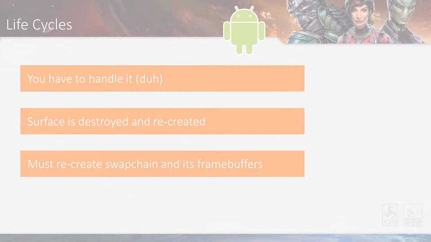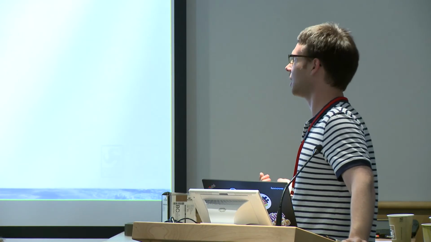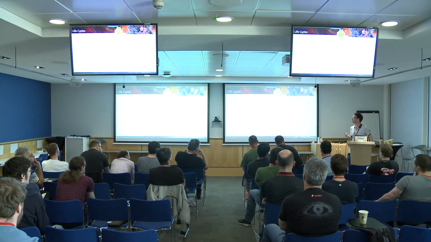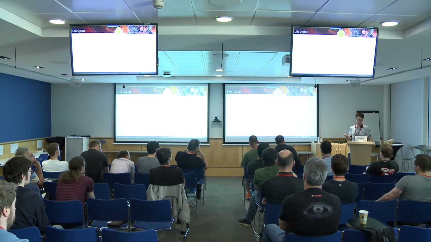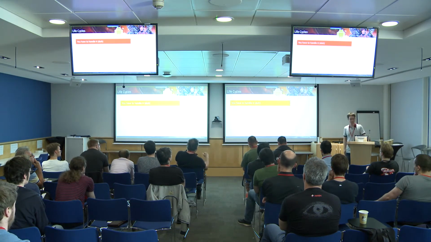Okay, another Android-specific thing. With Android, you also have the life cycles. So at any time in the game, you can basically press the home button and pause the game, and then later come back to it and resume it. With mostly anything on Android, you have to handle this somehow. And there wasn't really any documentation on it.